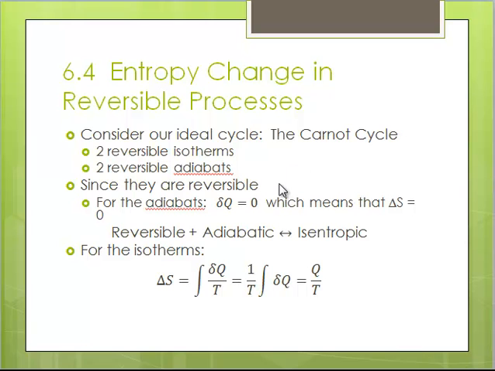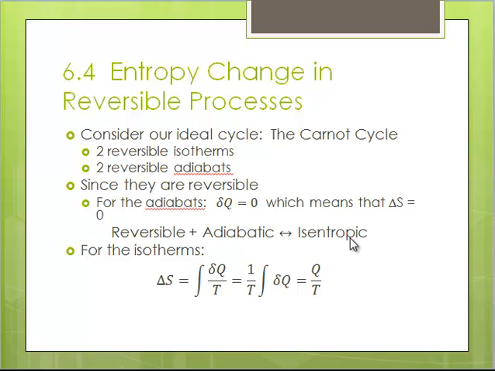First of all, let's look at the adiabatic steps. For the reversible and adiabatic, dq is 0, but delta S is going to be the integral of dq over T, right? Well, if dq is 0, then delta S has to be 0, which means that reversible and adiabatic is the same as saying isentropic.